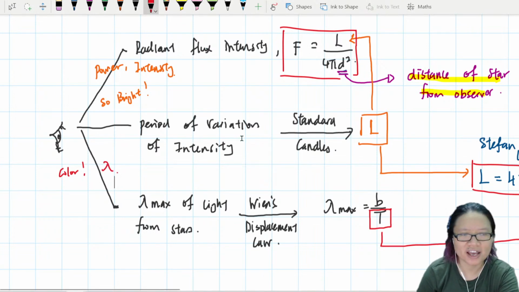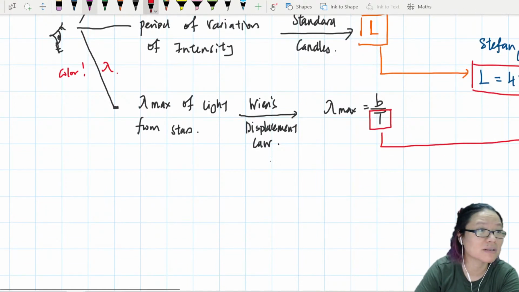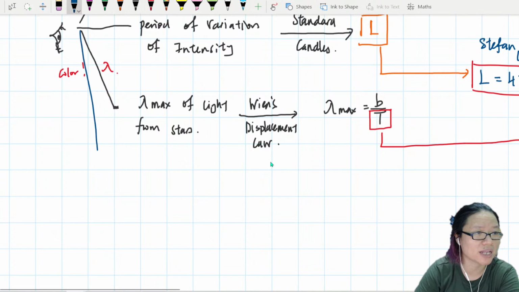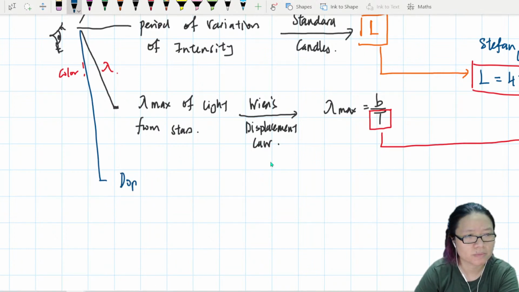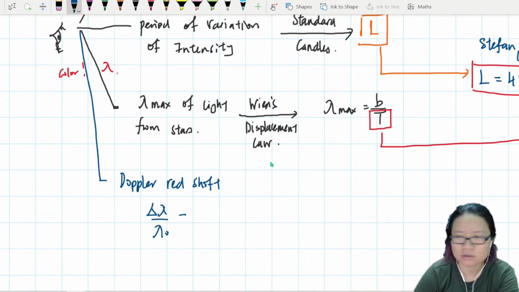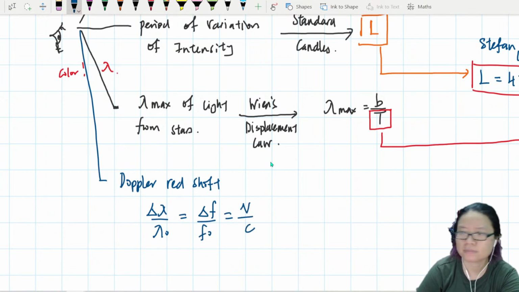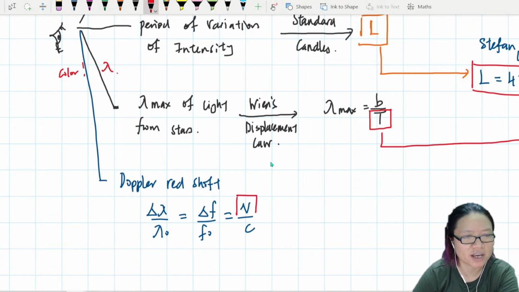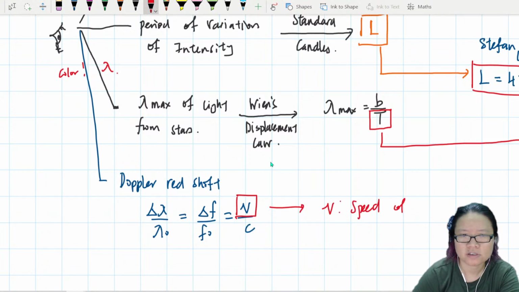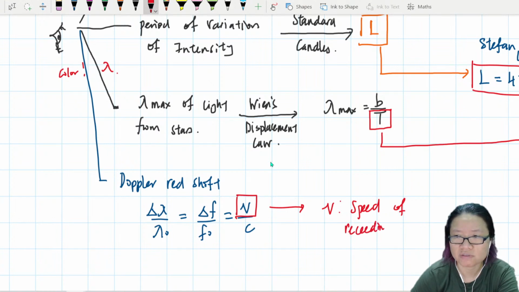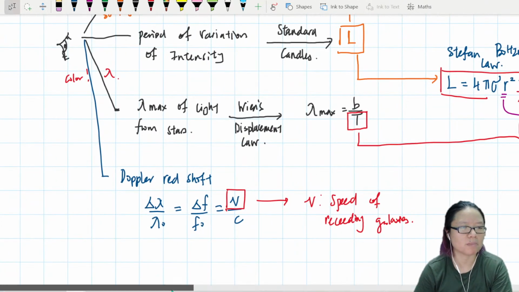So from wavelength, we can measure the lambda max to find the temperature. But another thing about wavelength is that we can look at the Doppler redshift. So the universe is consistently expanding away from us. So delta lambda over lambda naught is equal to delta F over F naught, which is approximately equal to V over c. So it is from this equation that we can find the speed of the receding universe or galaxies. And we can marry this with Hubble's law.